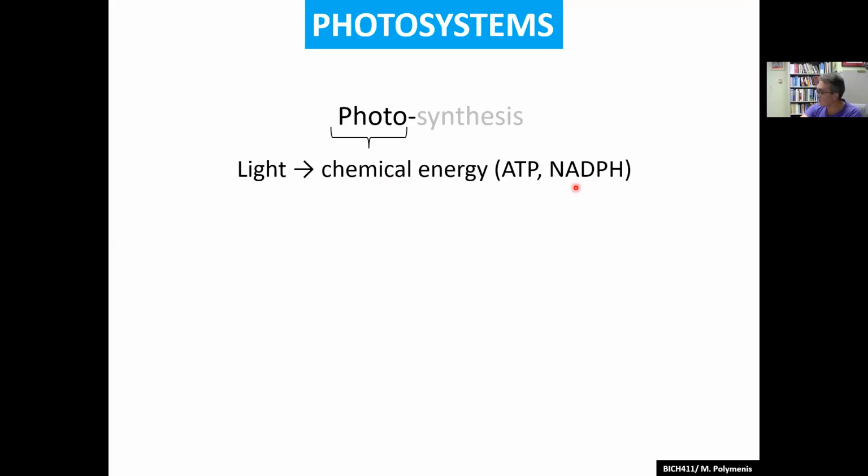Now we start seeing NADPH. We haven't seen NADPH up to this point. And if you remember back in the introduction, we said how we see NAD and NADH in catabolism, but we see NADPH in biosynthesis, in anabolism. And this is where we're going to start seeing that.